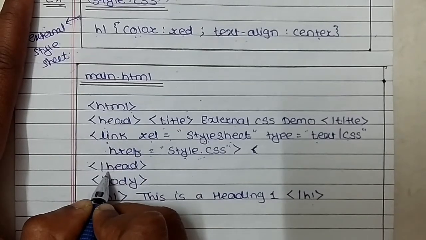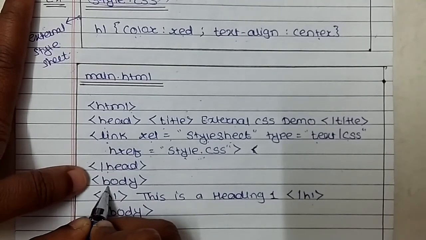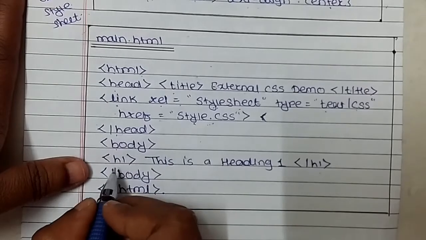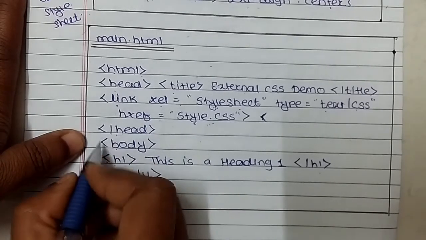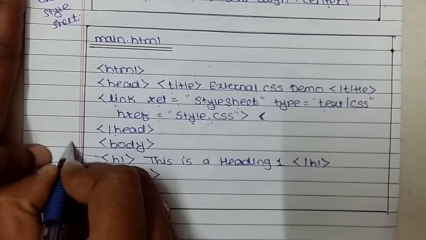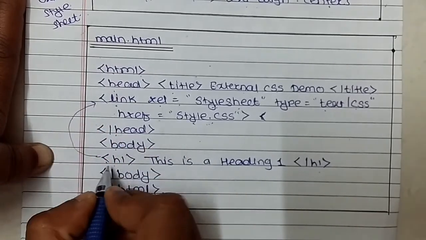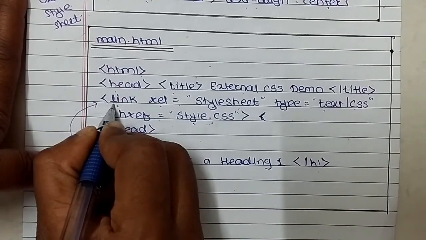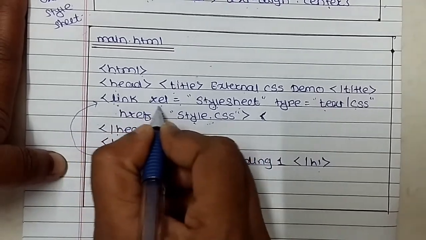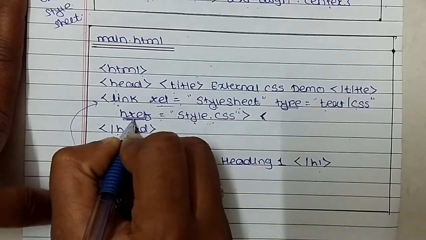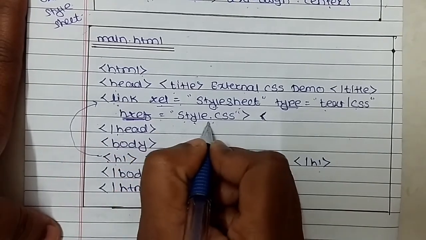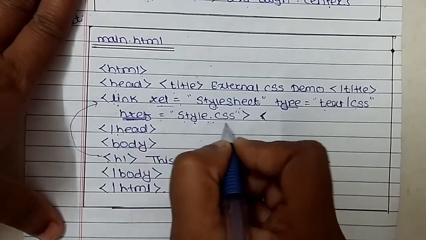Then close the head tag, and open the body tag. Next, h1. When this h1 is executed, your control first goes to the link tag, and then to href, where the style.css path is given.